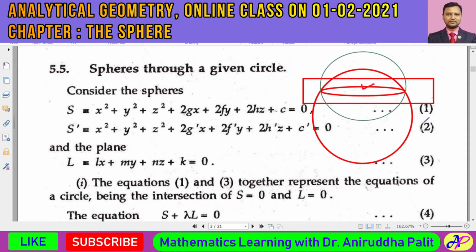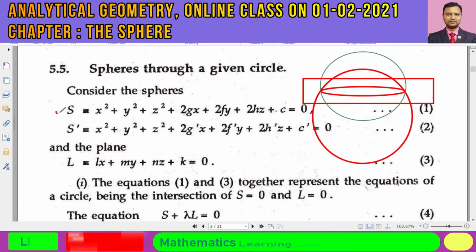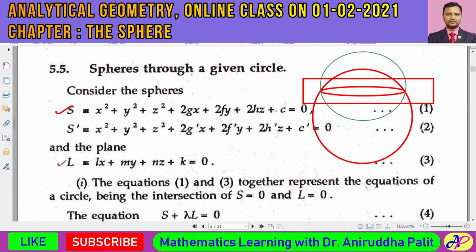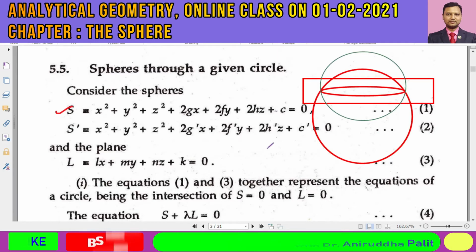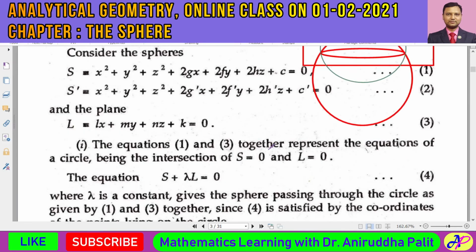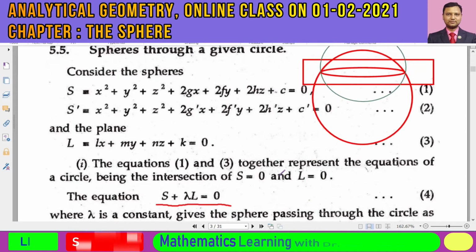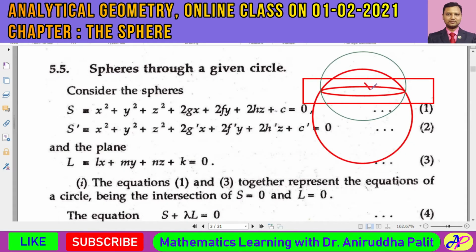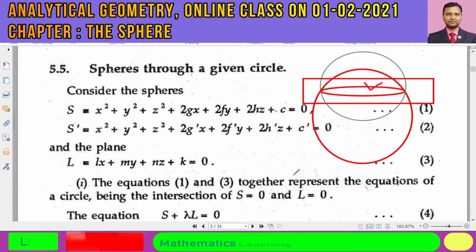Any surface through this curve can be written in this way: S plus lambda L is equal to 0. So S plus lambda L is equal to 0 would be the equation of the sphere passing through this given circle, which is the curve of intersection.